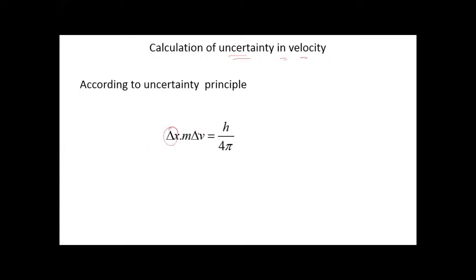Now we calculate the uncertainty in velocity. According to uncertainty principle, delta x m delta v is equal to h upon 4 pi. Here delta v, that is uncertainty in velocity, will be equal to h upon 4 pi m delta x.